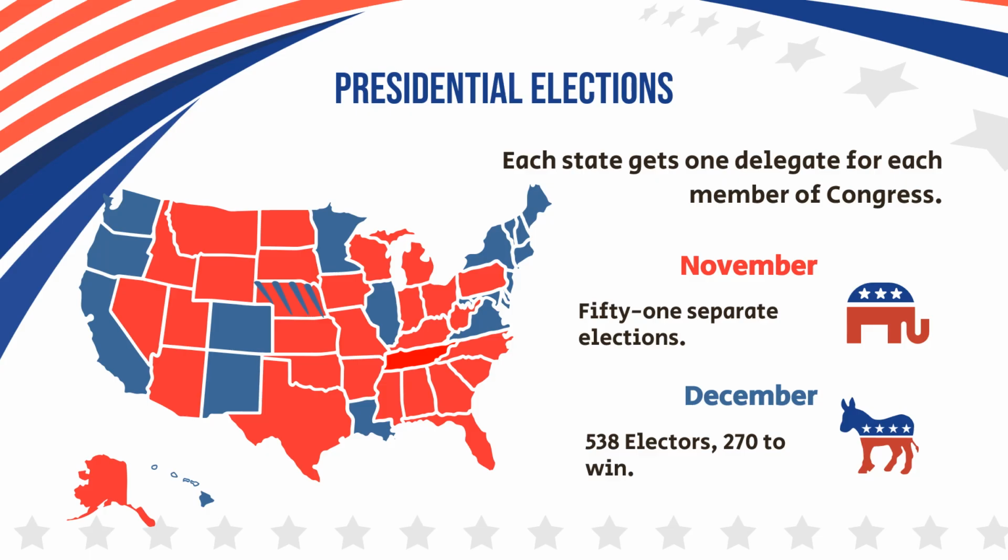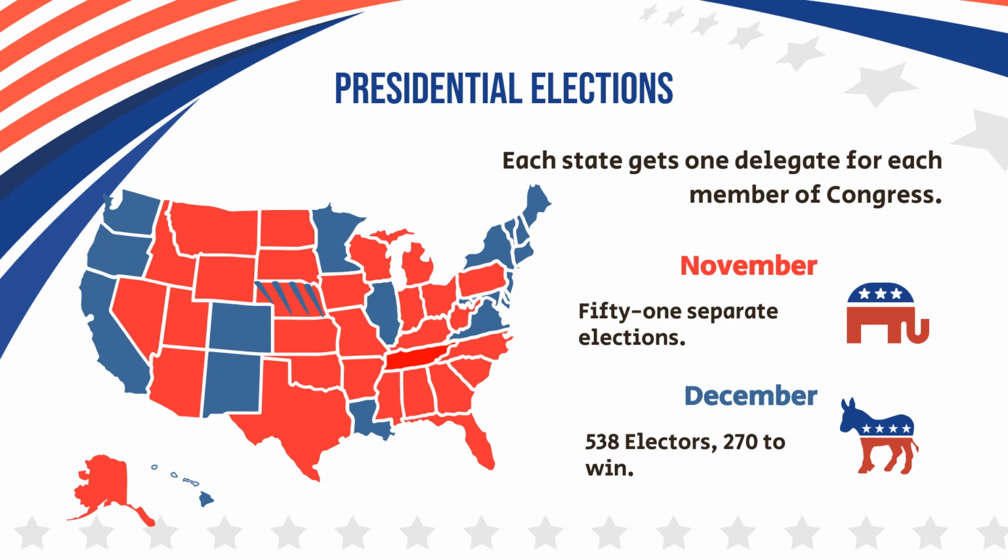So on this map, you can see that, for example, New Mexico on this map is blue. Now, based on its share of national population, New Mexico gets 3 House representatives and an additional 2 senators for a total of 5 electoral votes, 5 electors.